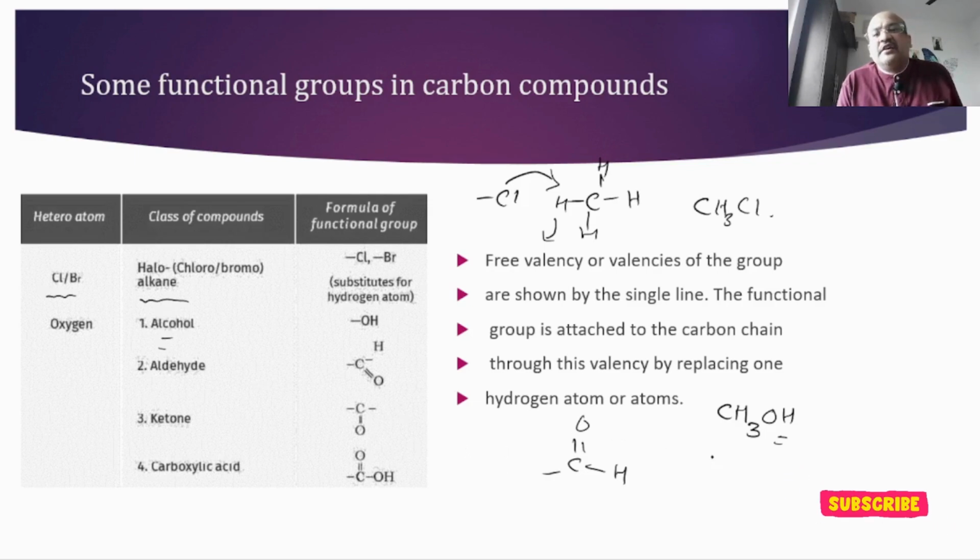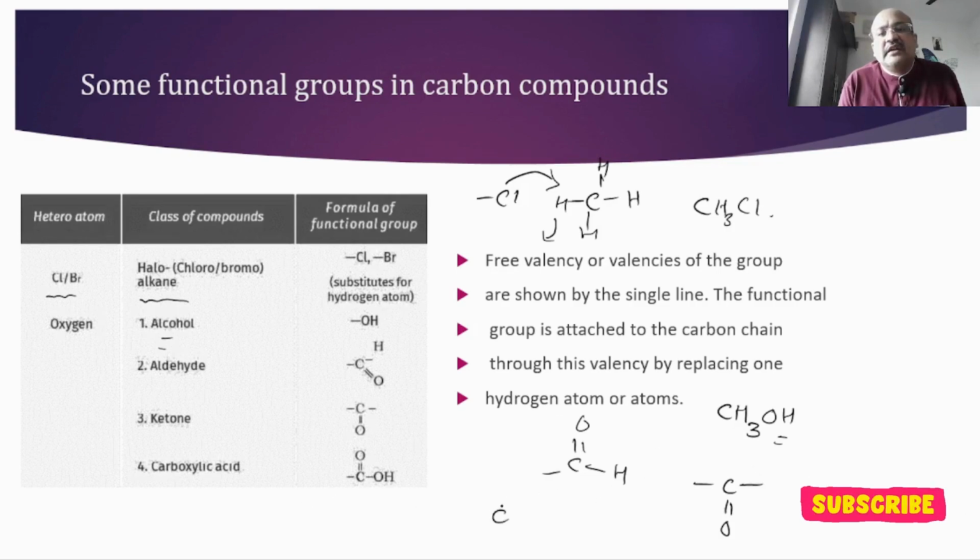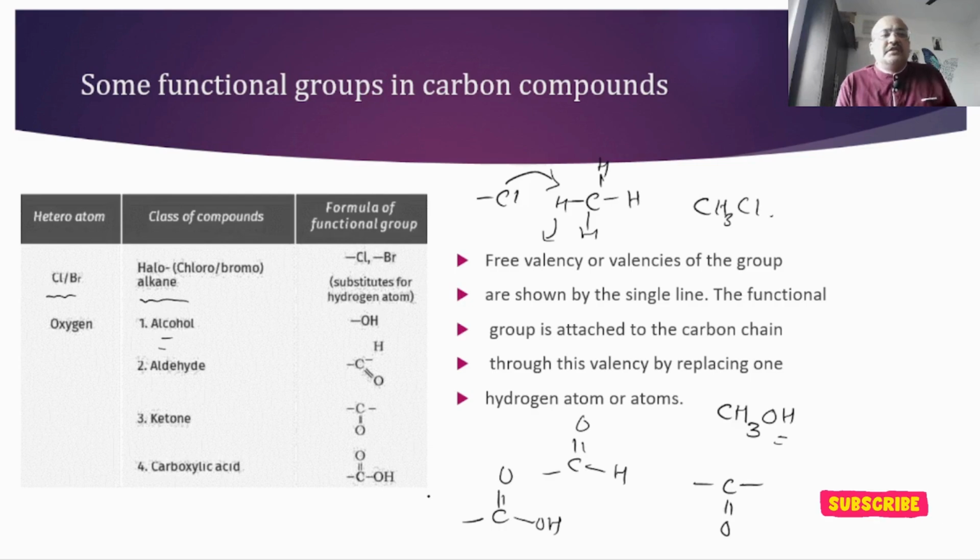Then I have got ketone. Ketone is like this. Ketone attaches to two other hydrocarbons. Then this is my carboxylic acid. Here you see a single dash, so it attaches to the hydrocarbon that way, where the hydrogen is replaced.